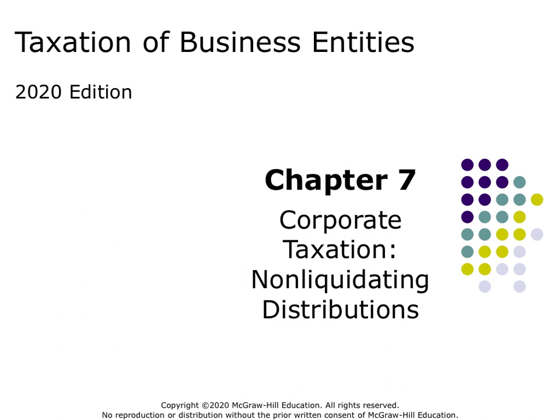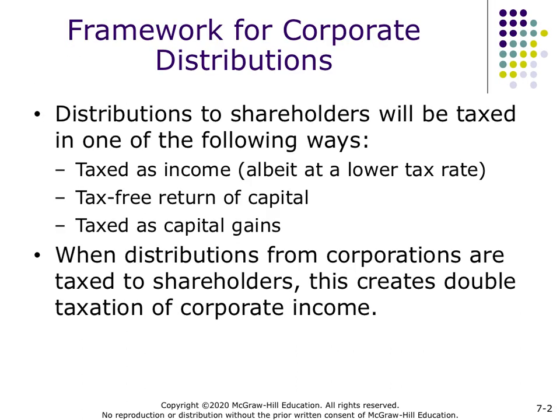So you can use this PowerPoint especially as a guideline regarding the topics that are going to be covered in Chapter 7. Okay, so the first thing that we need to talk about are corporate distributions.